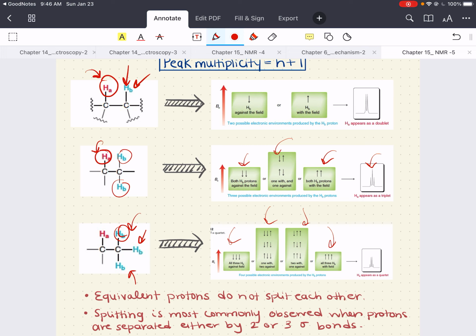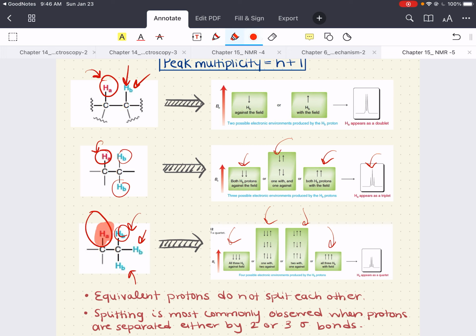Now, the way to know what the multiplicity of a hydrogen is, in more simple terms than drawing all the combinations of how neighboring protons may align with or against the field, what you can do instead is count for a specific hydrogen. Say you're interested in knowing what is the peak splitting for the signal of this hydrogen that we've highlighted in red.